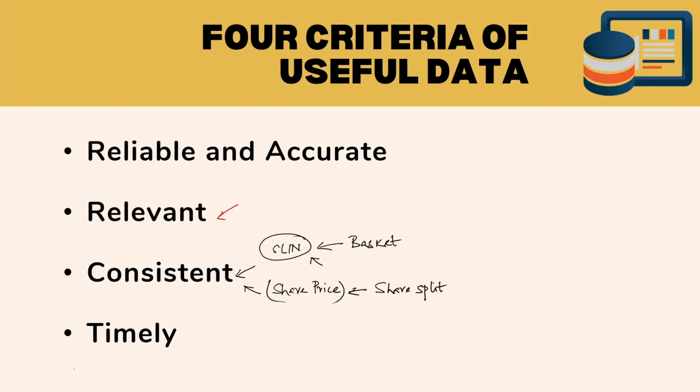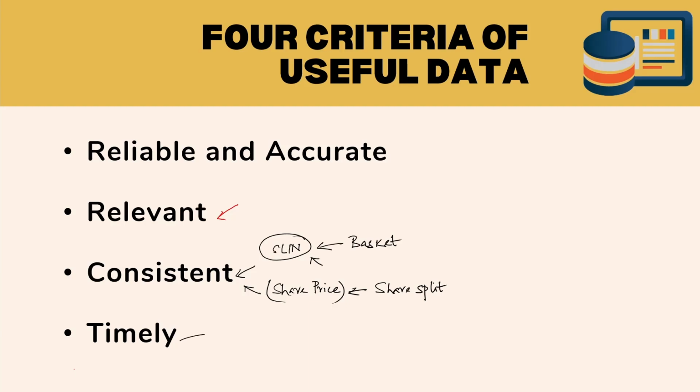For example, if you are taking 30 days of share price data, but in between those 30 days there is an occurrence of share split, then there is no point in monitoring that data. So the main point is, when you are considering a particular time horizon for data, then the definition of the data within that time horizon should not change.